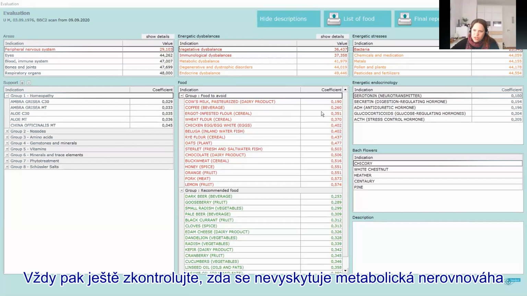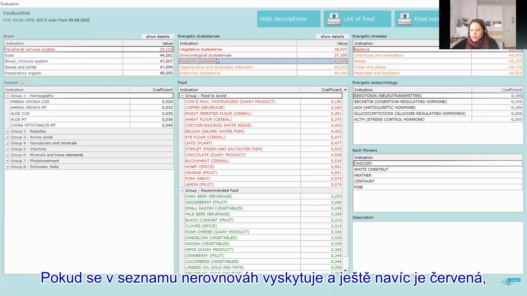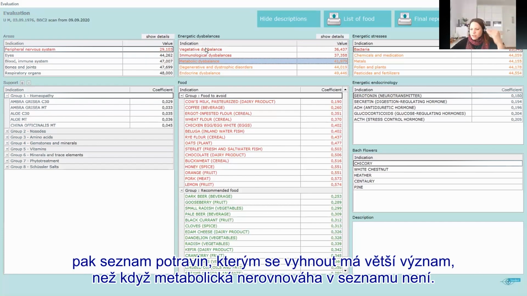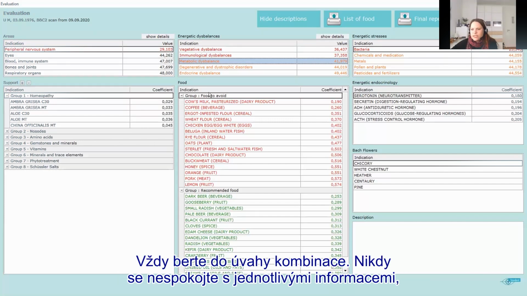And what I always check is whether you have the metabolic disbalance in the category disbalances. When I have this listed in red, for example, the avoid list is more important for me than if I wouldn't have it on the list. The same as in the upper categories, always look at the combinations.